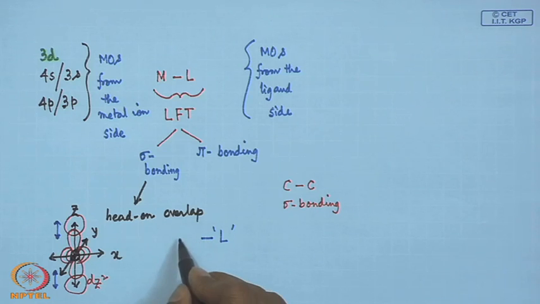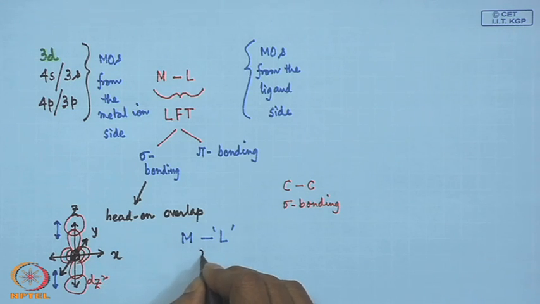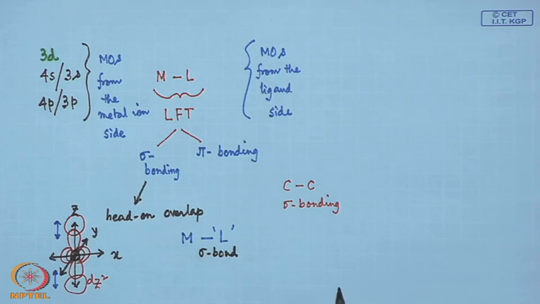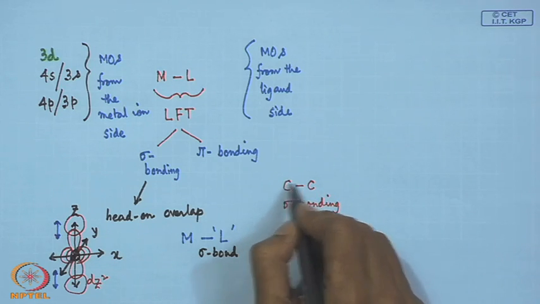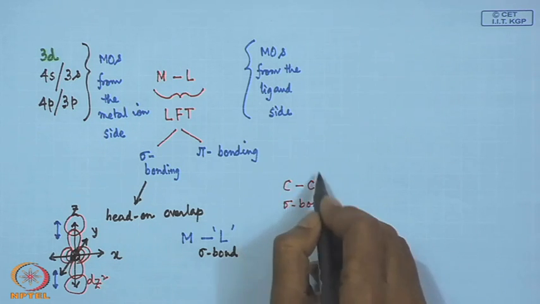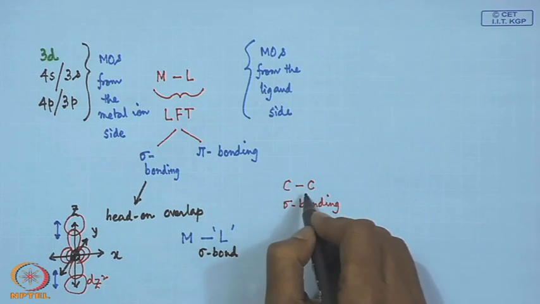So, how is this L interacting with the metal ion and what are the orbitals we are talking about in terms of the corresponding sigma bond? When we have the two carbon centers, we all know the corresponding overlap, because they are of the same type.